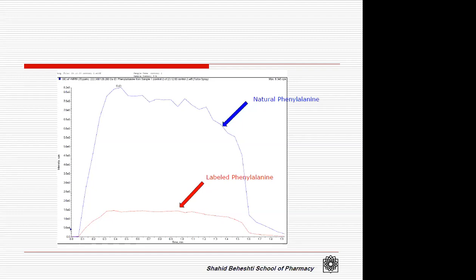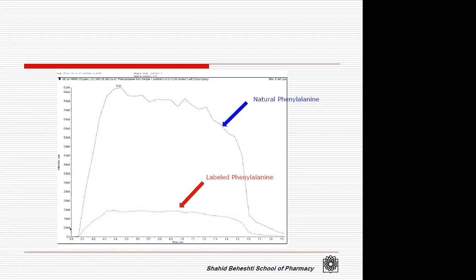The other aspect of this test that I would like to emphasize is that since the biomarkers are different in molecular weights, and since each biomarker has its own labeled compound, there is no need for separation by column in HPLC. You know, in classic HPLC, we usually use a column to separate the components of a mixture. But over here, we don't use a column.